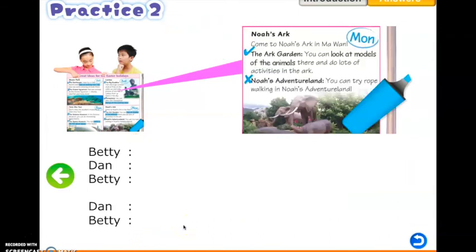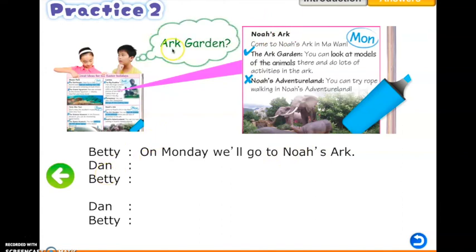So it's very easy. Betty will say, on Monday, we'll go to Noah's Ark. Dan will say, Ark Garden? How can you ask a question? Will you visit the Ark Garden? Betty says, oh, there's a tick.